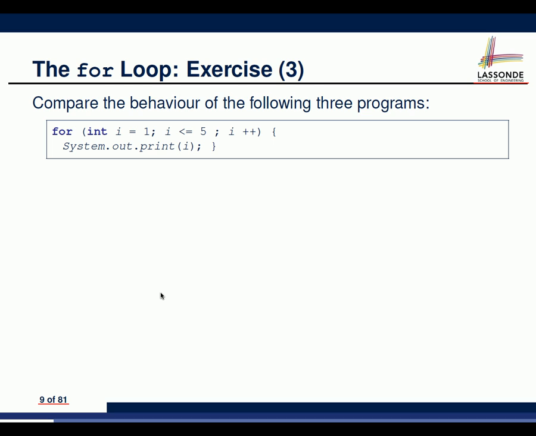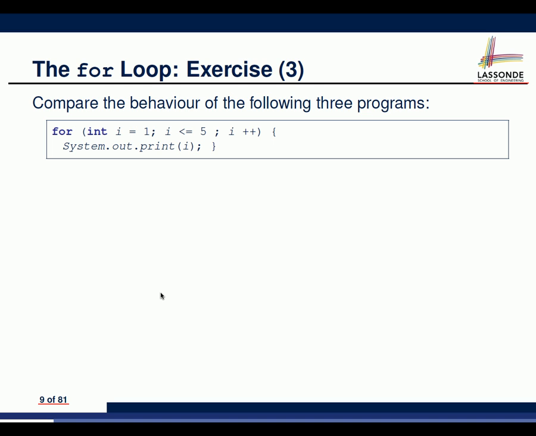You simply want to print out the value of i. How many iterations do we have in this case? 5, right? Hopefully you can see the very first value printed out is 1. So we'll have 1, 2, 3, 4, 5. This one's easy.